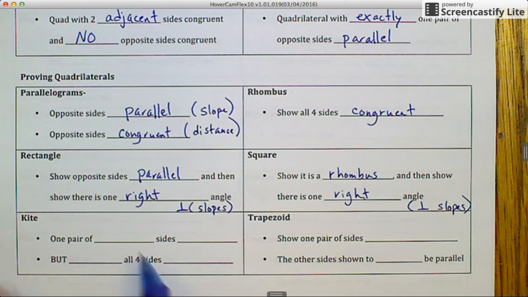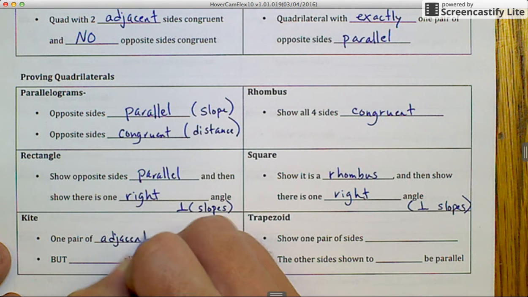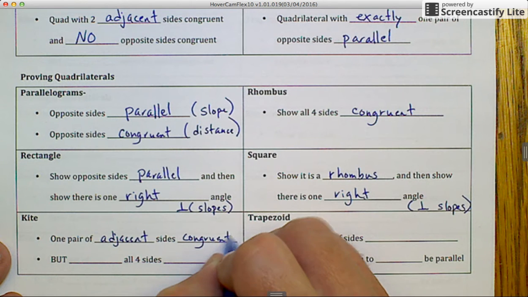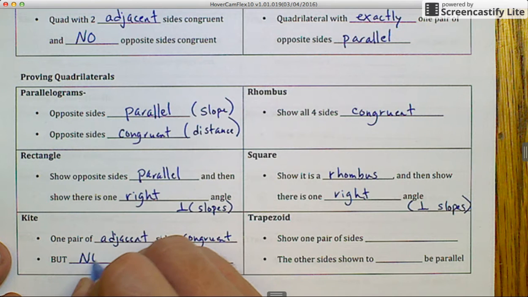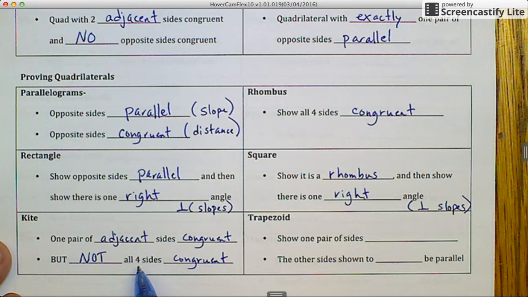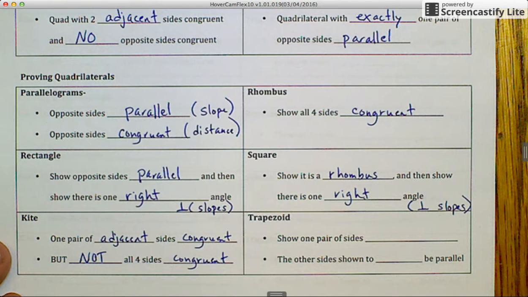The last 2 that we're going to talk about is a kite. The kite, you have to have 1 pair of adjacent sides congruent. Again, you're going to use distance formula there, but not all 4 sides congruent. Because if all 4 sides were congruent, it would not be a kite, it would be a rhombus or a square. The last one that we're going to talk about is a trapezoid.